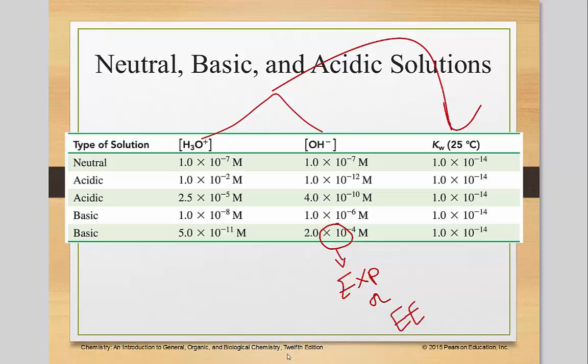So you'd put 5.0 EE or EXP negative 11. 2.0 EE or EXP negative 4. When you multiply those two numbers together, it's going to equal 1 times 10 to the negative 14.